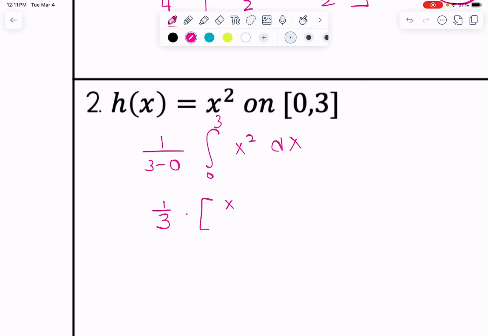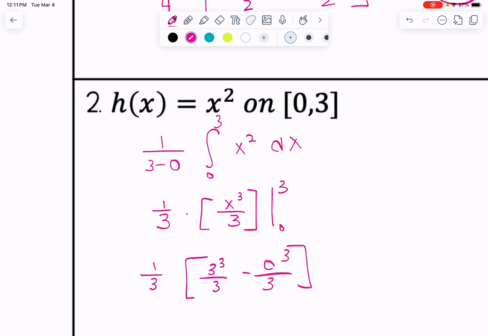So that's going to be x cubed over 3, which we'll be evaluating from 0 to 3. So let's use the fundamental theorem of calculus again to plug in our bounds and subtract. When we do this, we are going to get 3 as our average value.